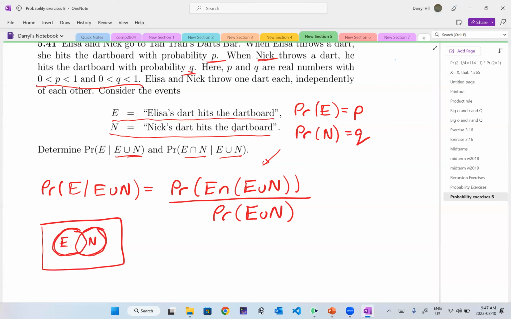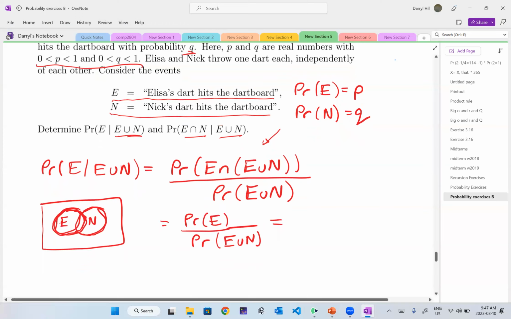And then I intersect that with E, what do I get? Yeah, just E. So the intersection of these two is simply E. So this is equal to the probability of E over the probability of E union N.